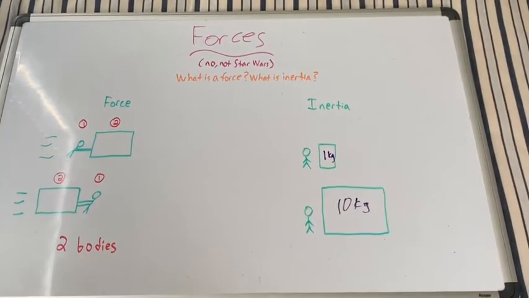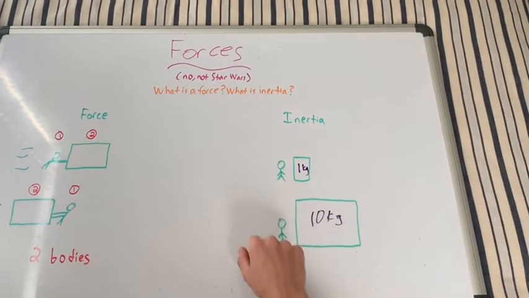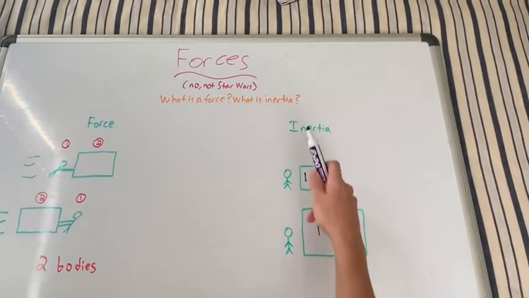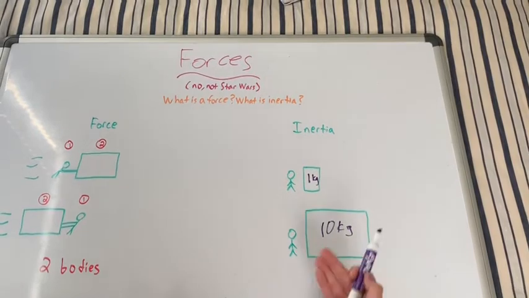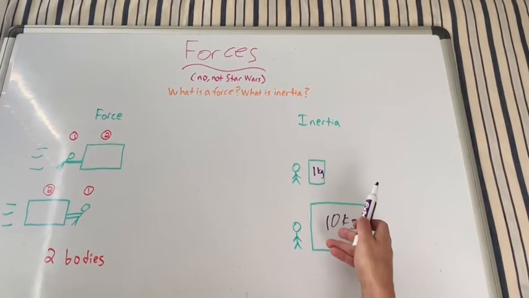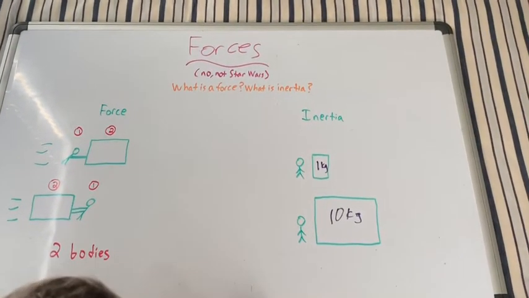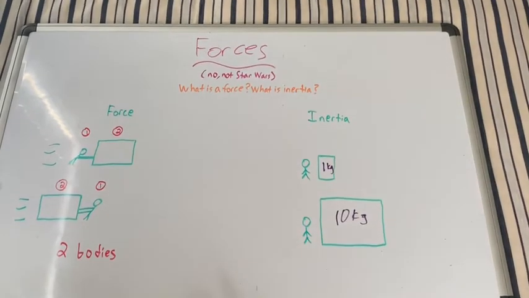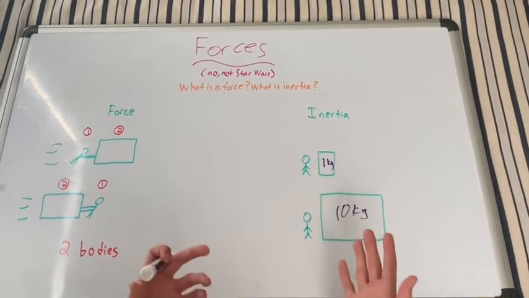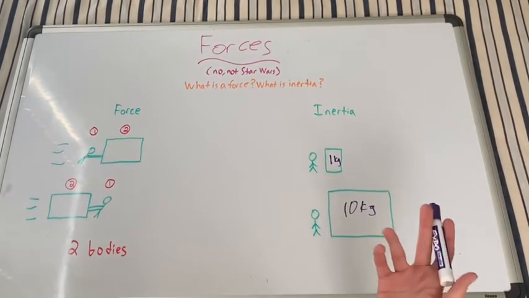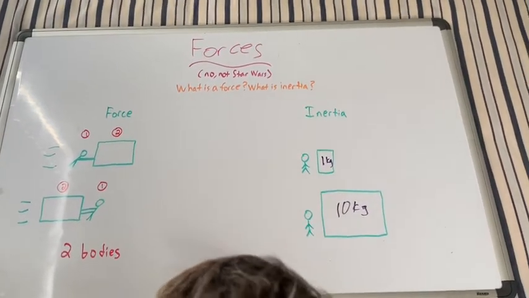If this is the same guy, if he was to try to move each of these boxes, he would have a harder time moving the 10 kilogram box than the 1 kilogram box. And in this way, we see how inertia is related directly to mass. As mass increases, an object is more resistant to change its motion.